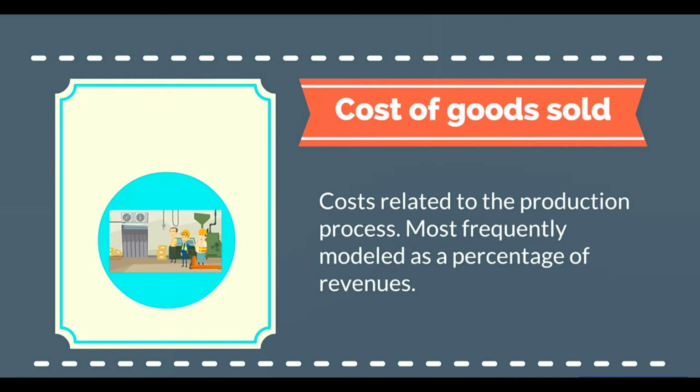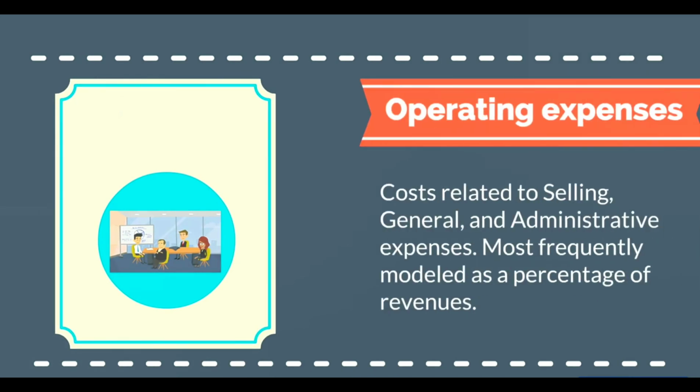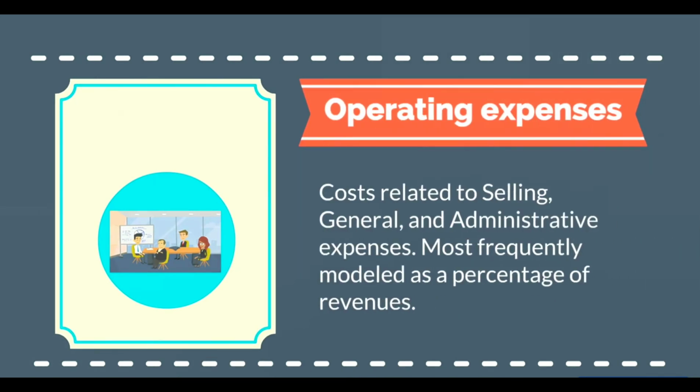It makes sense, right? We can first see the percentage of revenues that cost of goods sold represented historically, and then decide what percentage of revenues to apply going forward. The same argument is valid for operating expenses. It makes sense to model them as a percentage of revenues.